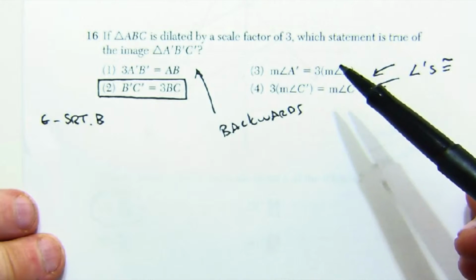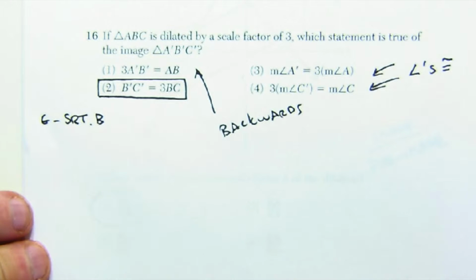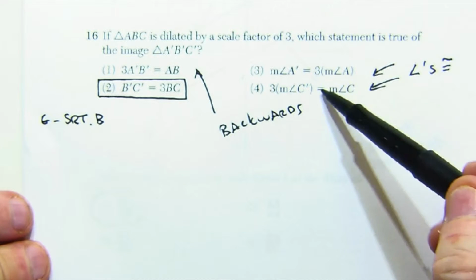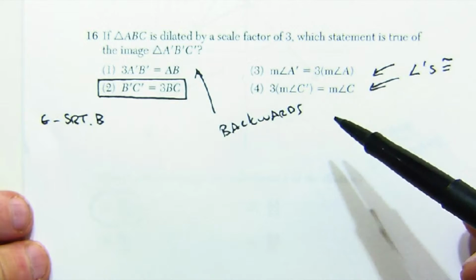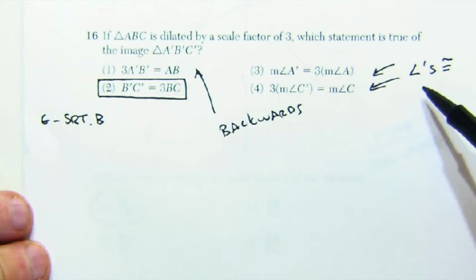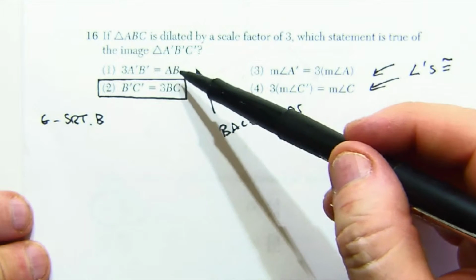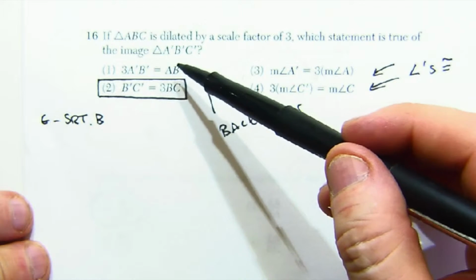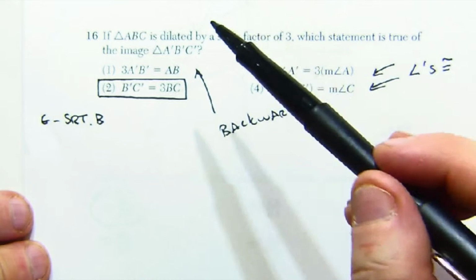I guess this is classic, and again, the materials cover this so nicely. These two answers are just bad because they're trying to trick the student into thinking that angles grow proportionally. But we know angles are congruent in a dilation. This one, of course, is testing to know if they understand, when something gets 3 times bigger, how do you create an equation to balance that?